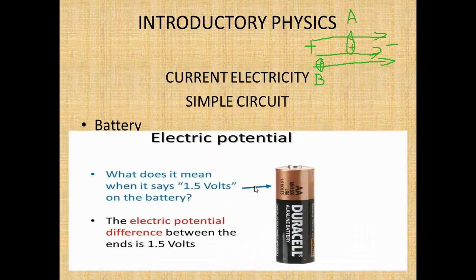Okay? So again, when you have your battery and it has a 1.5 volts rating, it means that the positive terminal is 1.5 volts and the negative terminal is 0. So the electric potential difference between the two ends is 1.5 volts.